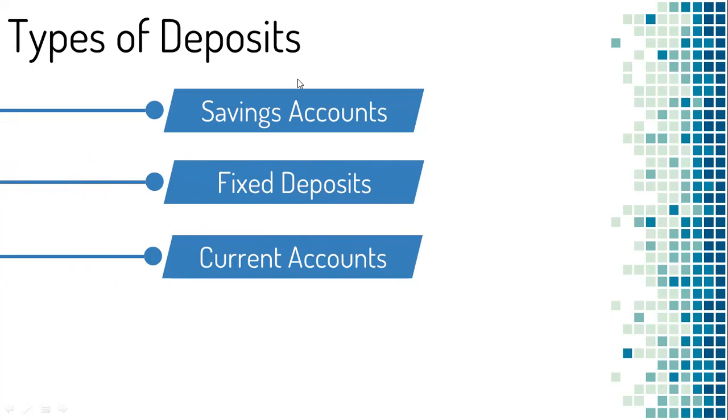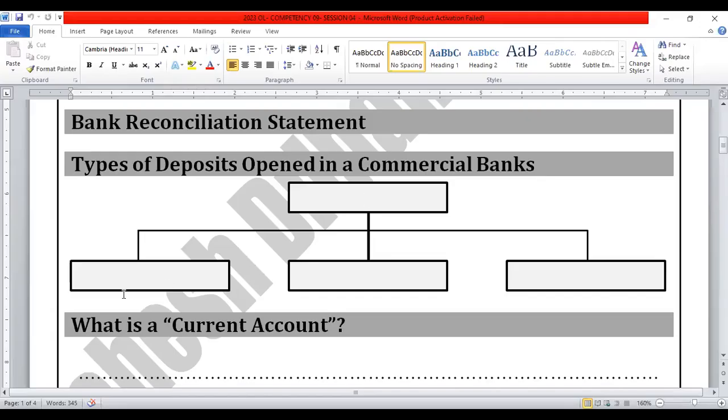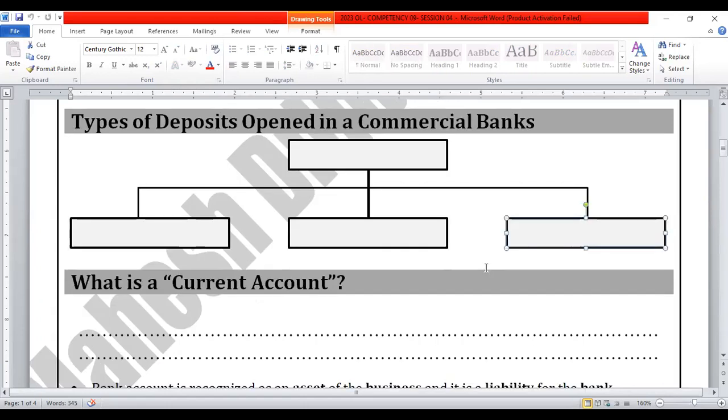Savings, fixed and current. Write down these 3. Under deposits, here you have to write savings, here you have to write fixed deposits, and here you have to write current accounts.